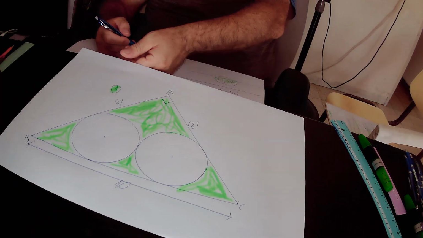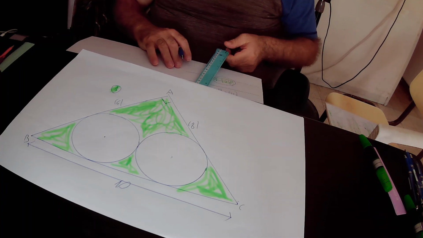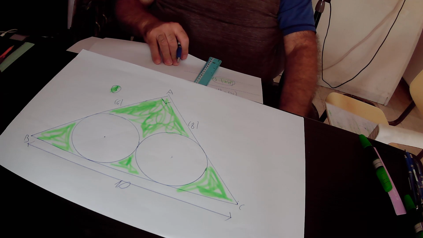In the next step, we find the area of this right triangle ABC. The area of a right triangle equals the base times the height over 2.